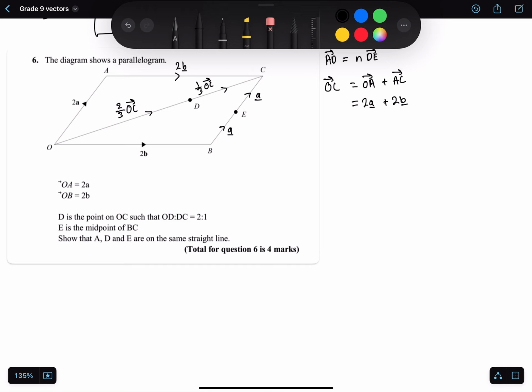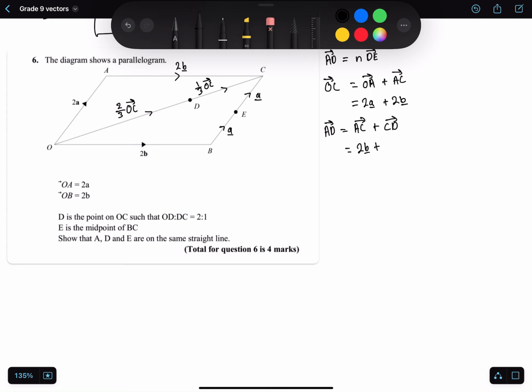Now that we have OC, we can then calculate the line AD. So AD equals AC plus CD, which gives you 2B. So as we know, AC we've already written as 2B.